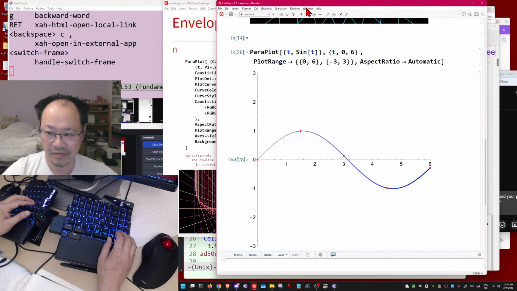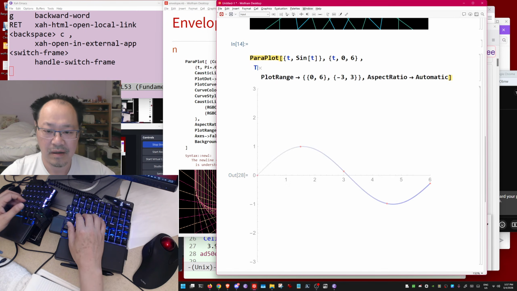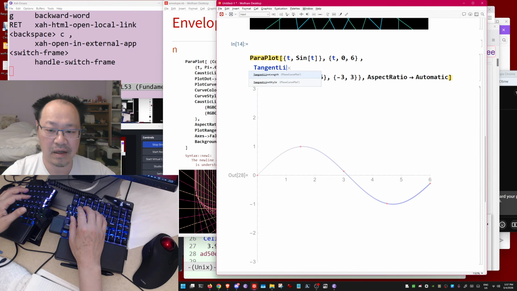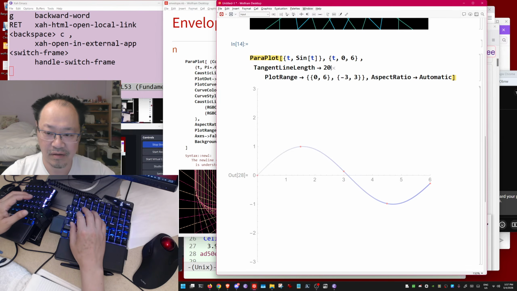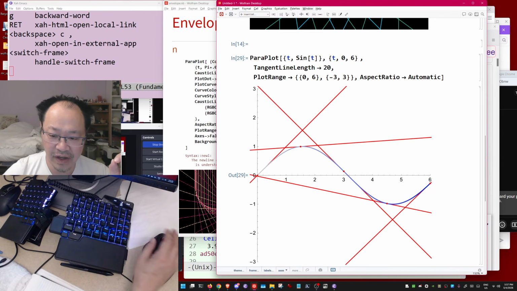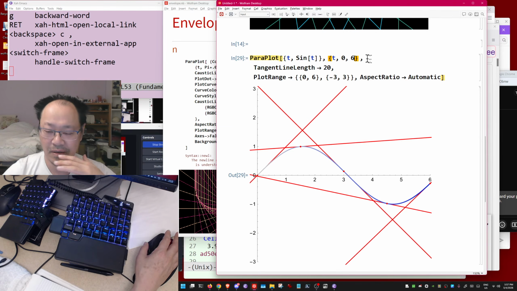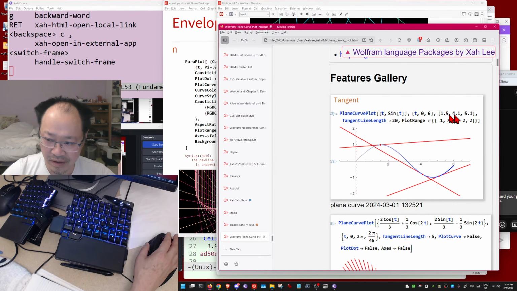Okay, so let's give an option. Tangent line length. Let's say 10, 20. Okay, 20 is good. Shift enter. Fantastic. Can you see the tangent line at that point? Now you want to specify specific points for the tangent.